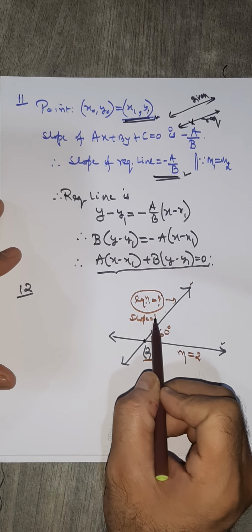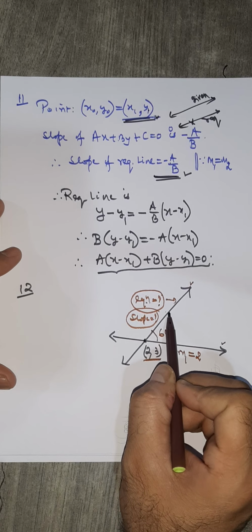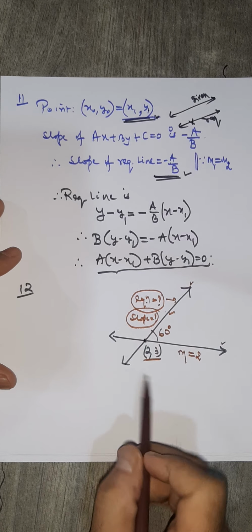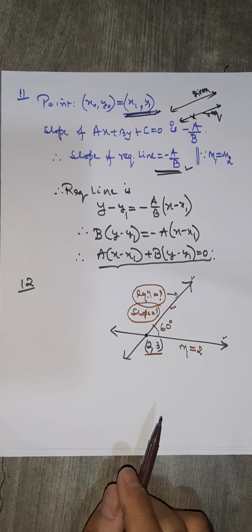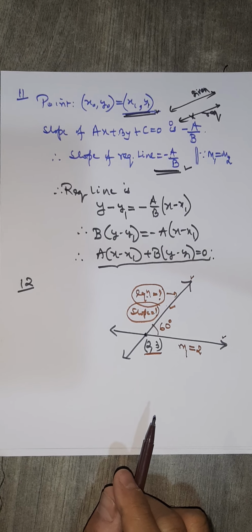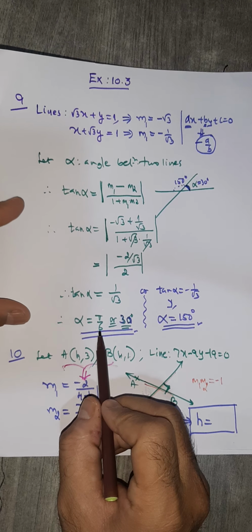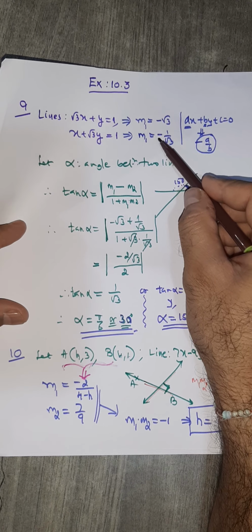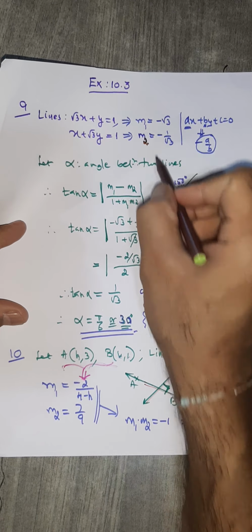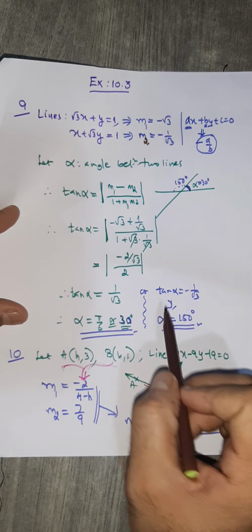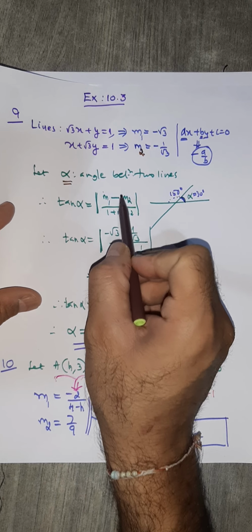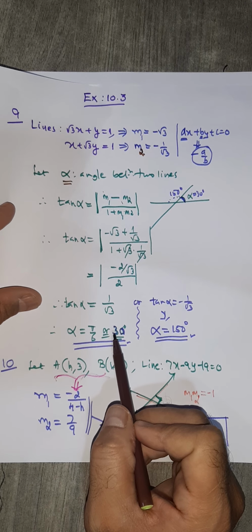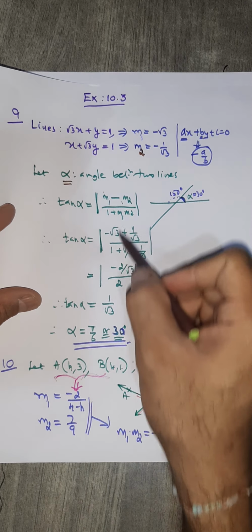If I get the slope of the second line, I have slope, I have point, so I can get the equation. But you see here, you got the angle. Earlier you were given both m1 and m2. In this question, you are given this angle and m1, so you can get m2 by the same formula. We are going to follow this.